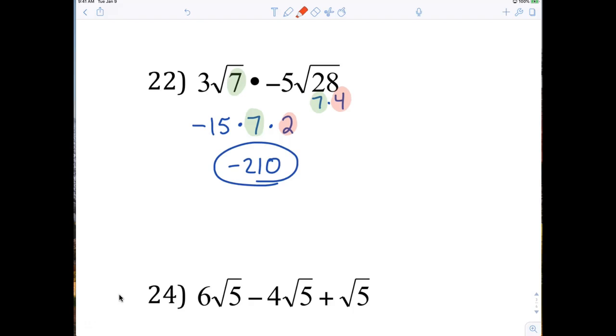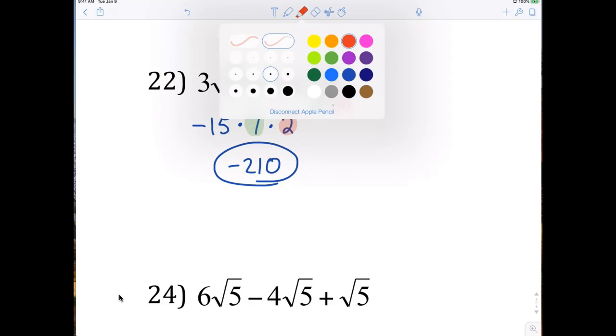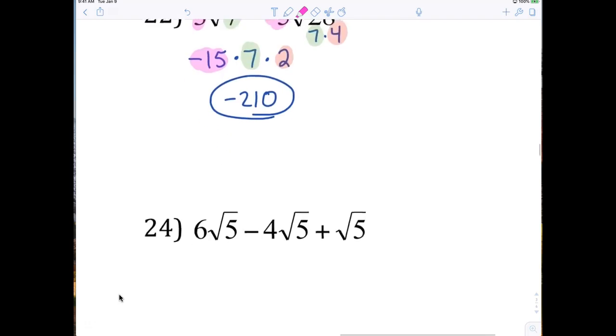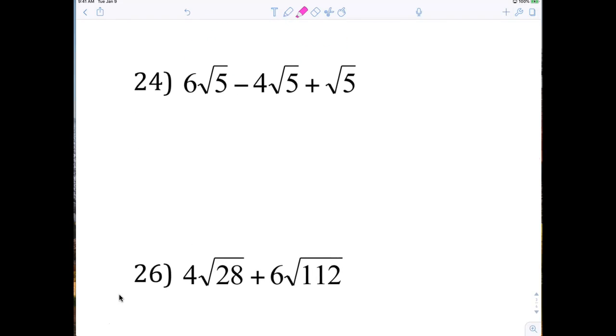The negative 15 is a 3 times negative 5, of course, because it's multiplication. So I'm multiplying 3 times negative 5, which makes the negative 15. All right, come on. Everybody's good, right? Let's check out 24. Somebody tell me what that is real quick.